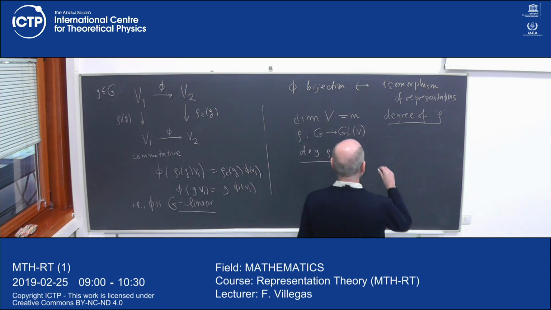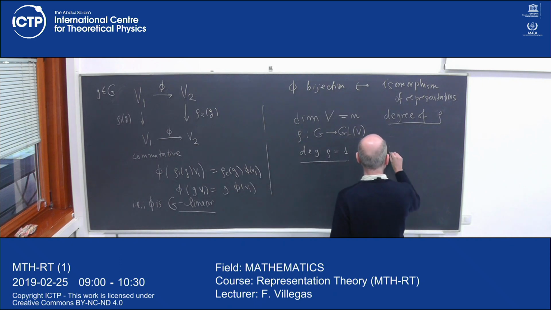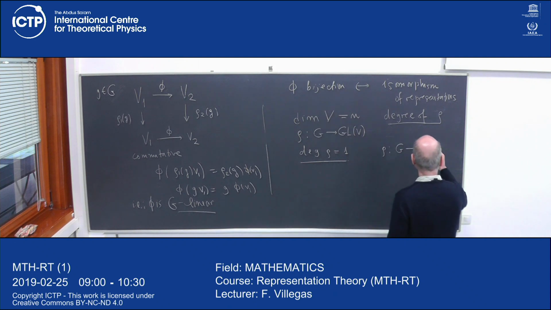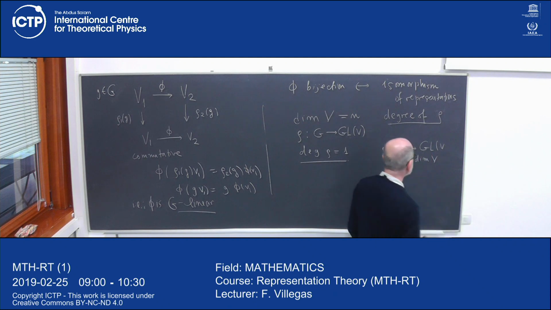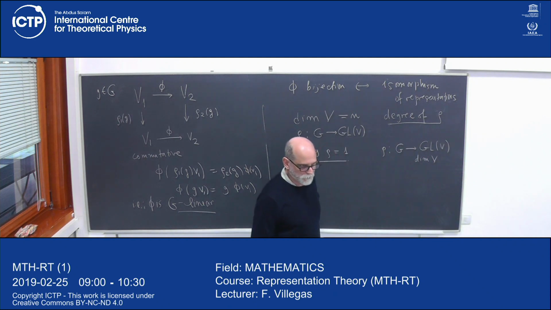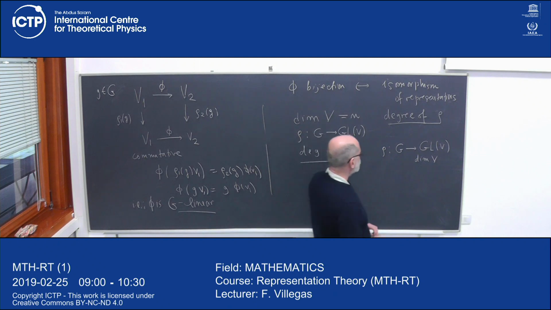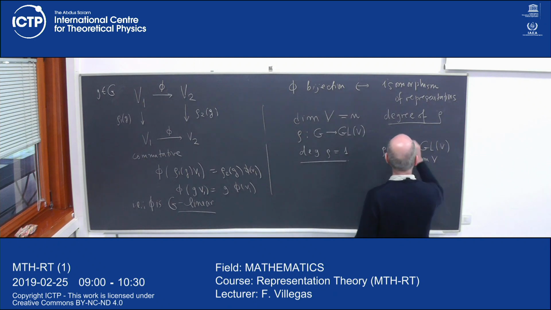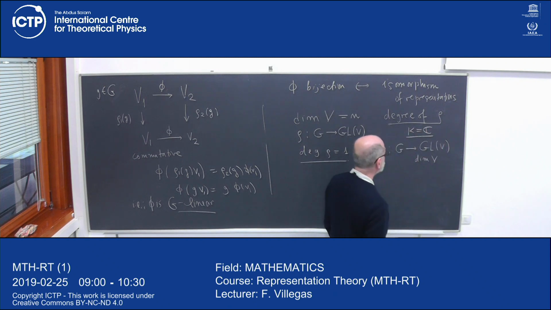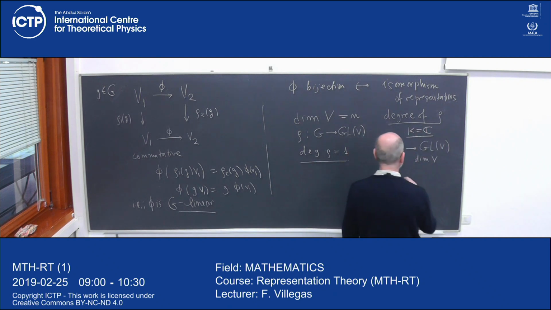So here, what we have is maps from the group G to GL of a vector space of dimension 1. But for a vector space of dimension 1, the invertible elements are just the non-zero elements. And from now on, I'm going to assume that K is the complex numbers.